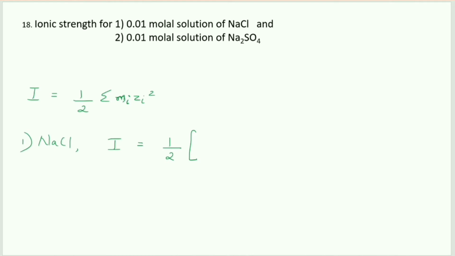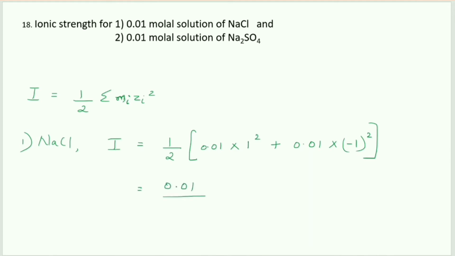That is 0.01 molar into the charge of Na+, 1 square, plus 0.01 into the charge of Cl minus, 1, the whole square, equal to 0.01.